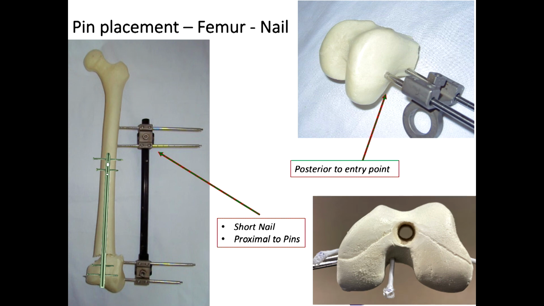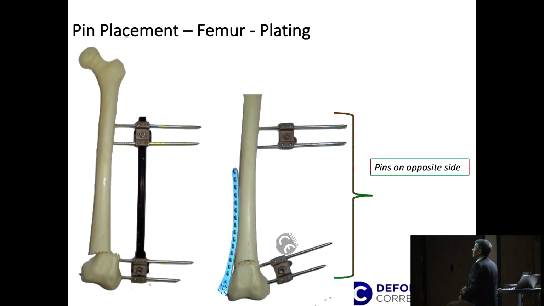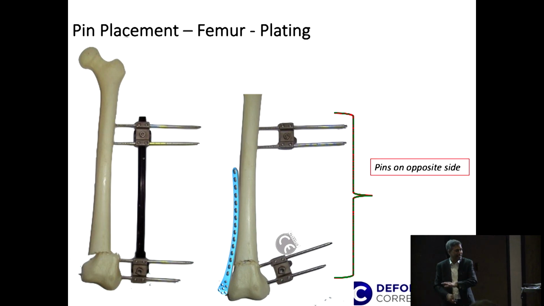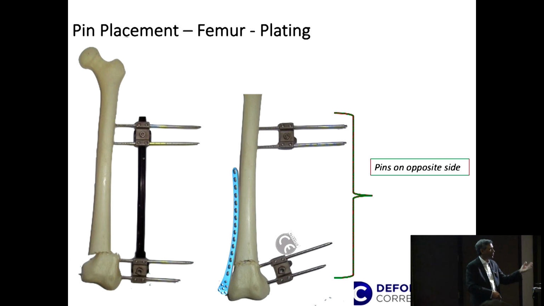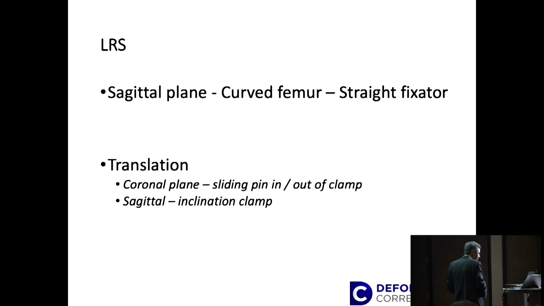And you don't want to use too long a nail, because otherwise when you correct it, the whole construct becomes slightly unstable. So you put a long enough nail, which will give enough stability. And if you put in a plate, you put the pins on the opposite side, so you can put the plate quite nicely, either a submuscular plate or the lateral plate.